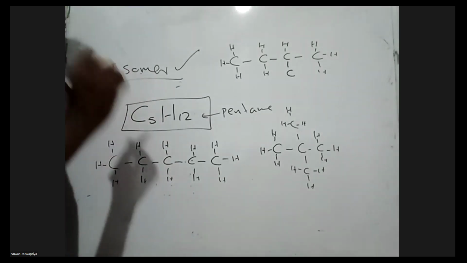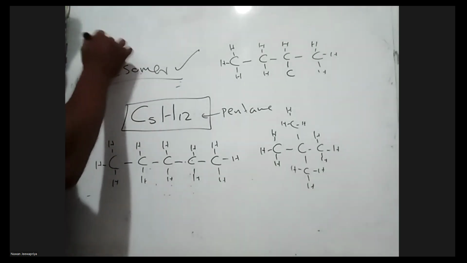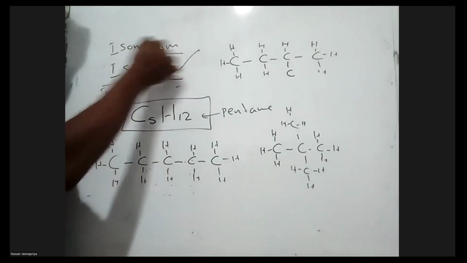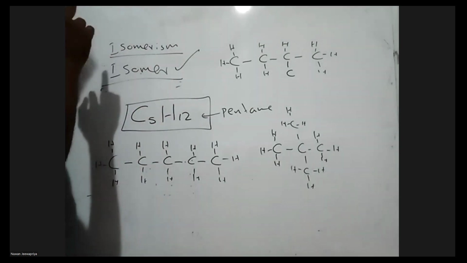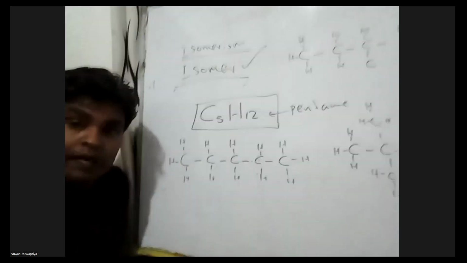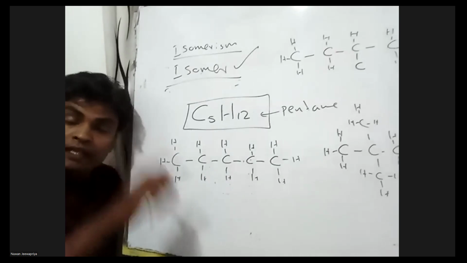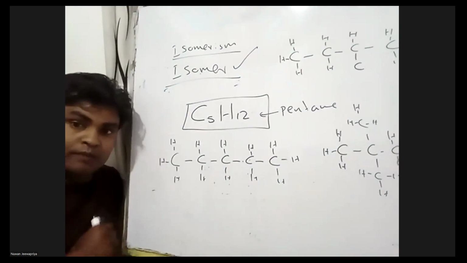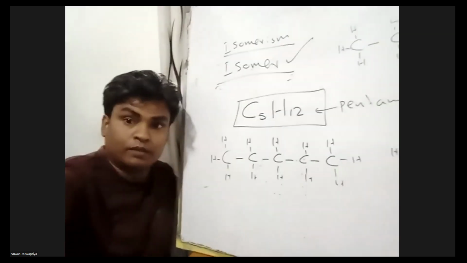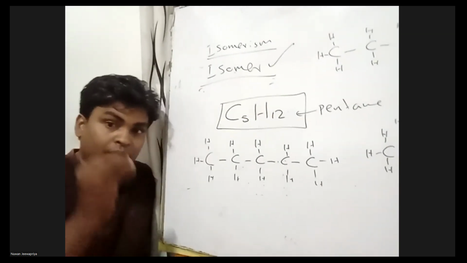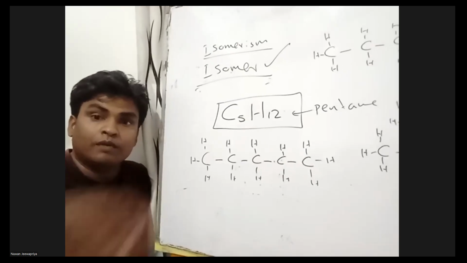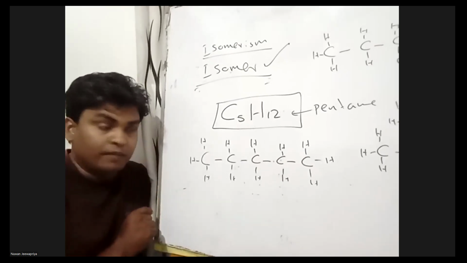Now, children, there's another word, isomerism. What does isomerism mean? The word isomerism means existence of isomers. I mean, existence of different displayed formulae for the same molecular formula is called isomerism.